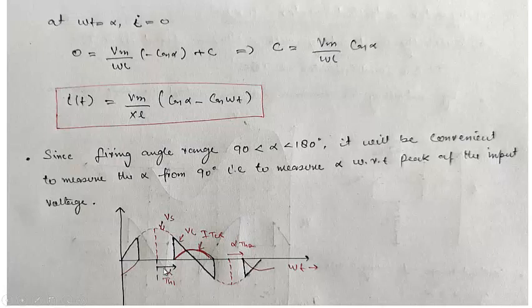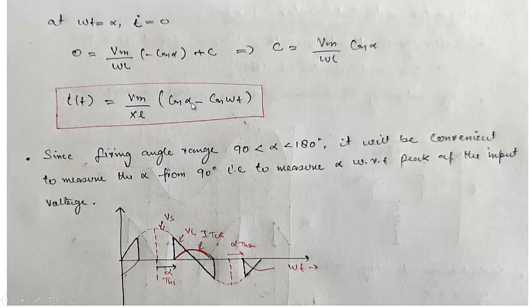Similarly, if we measure this omega t dash with respect to this peak, omega t dash is the time measured with respect to the peak, from here to here, plus 90 will be equal to omega t.